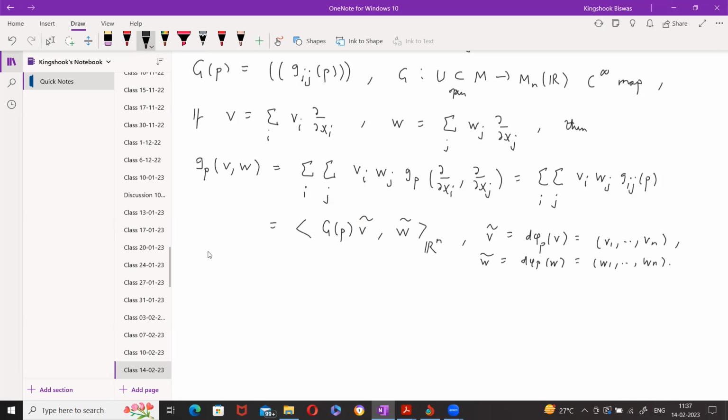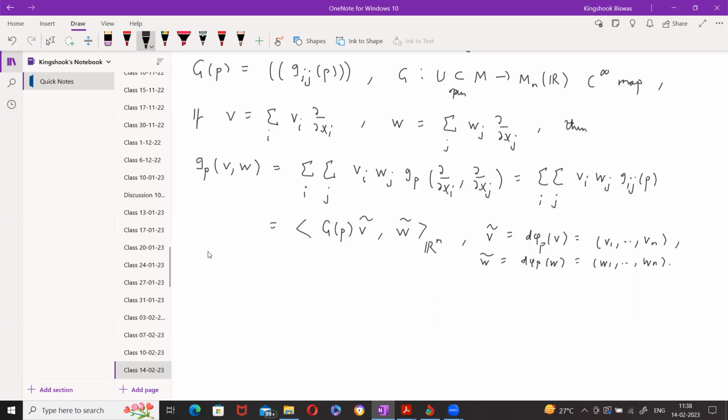Remember, any inner product on Rn is of the form (V tilde, W tilde) goes to the Euclidean inner product between G V tilde and W tilde, where G is some positive definite symmetric matrix. Any inner product in Rn is of this form, right?